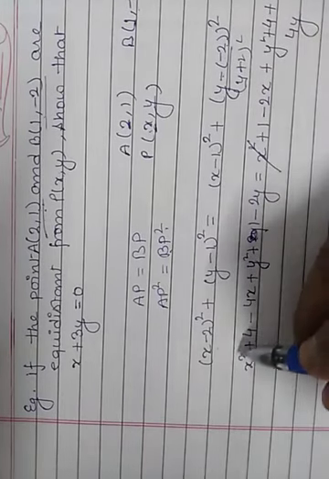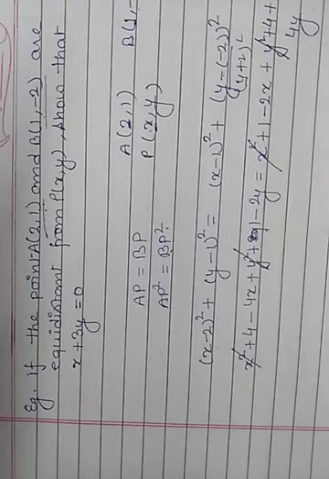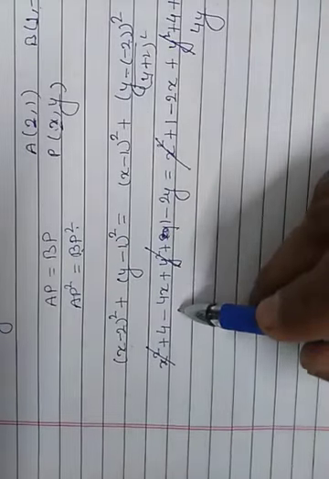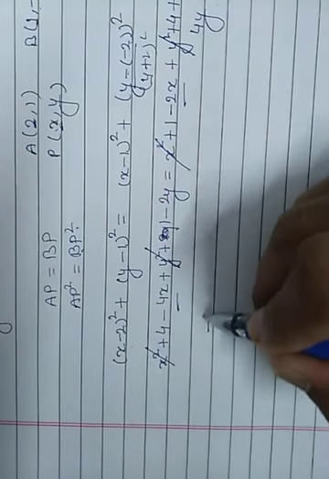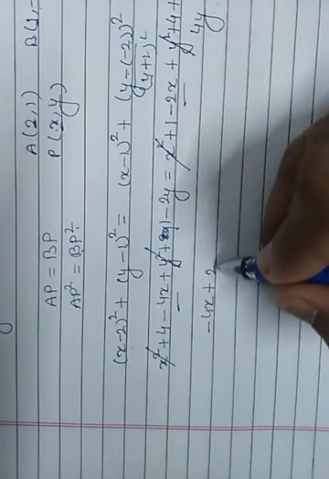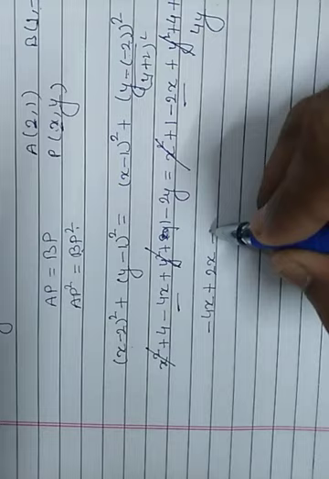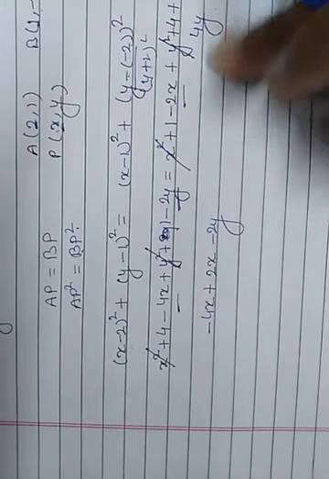Now x squared will be cancelled with x squared, y squared will be cancelled with this y squared. Now minus 4x and minus 2x. Minus 4x, this minus 2x will become plus 2x, minus 2y, and here we have plus 4y.